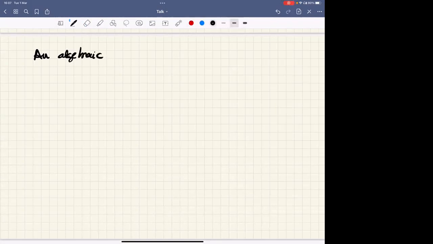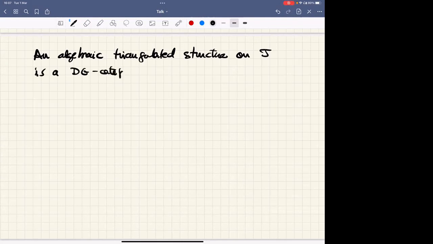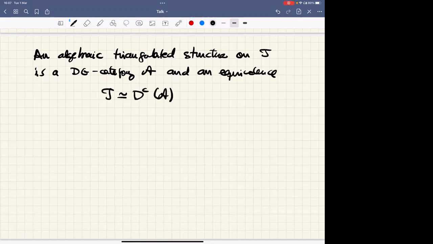An algebraic triangulated structure on T is given by a small DG category A and an equivalence between the category T and the derived category of compact A modules. Of course, this category is canonically triangulated. It's a small triangulated category.